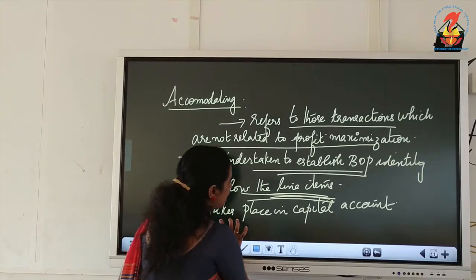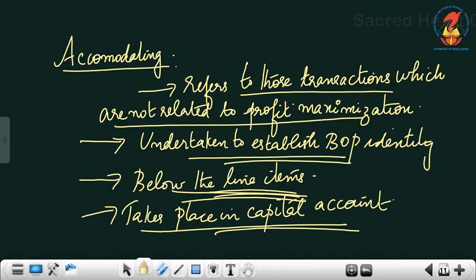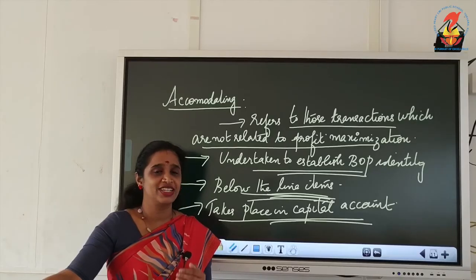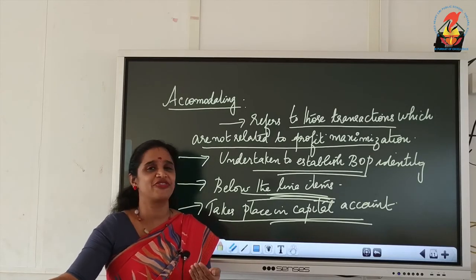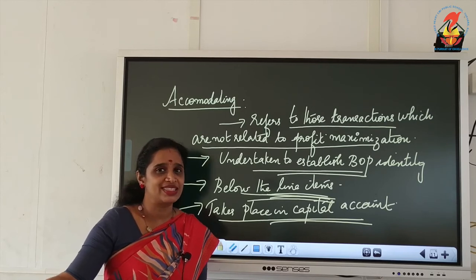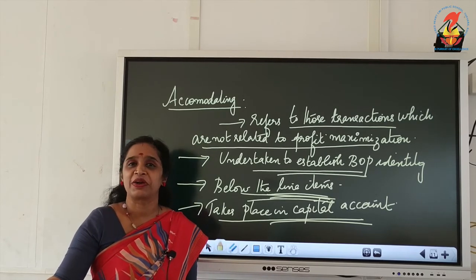The next one, it takes place in the capital account. When I told you about the balance of payment in operating and accounting sense, a table was given there. In that, what did I explain? A deficit in the current account is offset by the surplus of the capital account. So, who is the adjusting party there? Capital account.